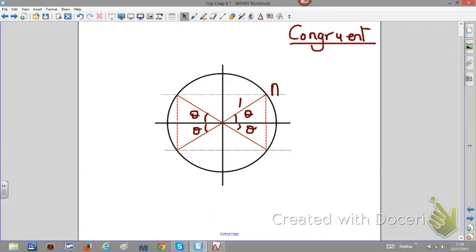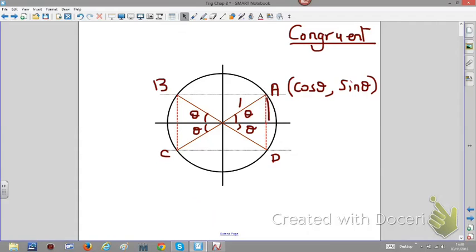Now, I'll label the points A, B, C and D. So for the coordinates of A, the x-coordinate must be the adjacent, which, because the hypotenuse is 1, must be cos theta. The y value is the opposite, which must be sine theta.